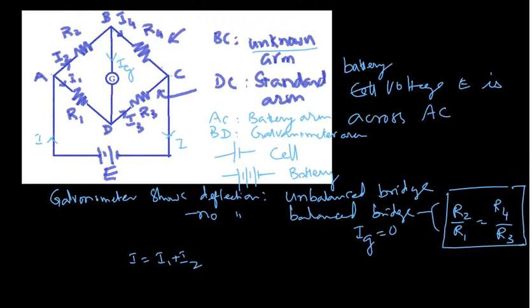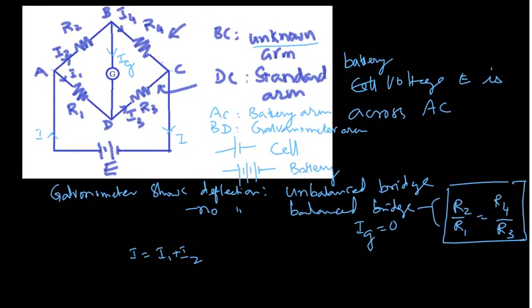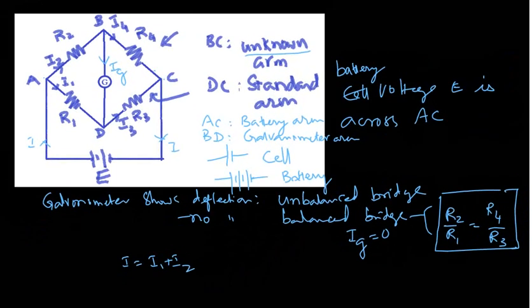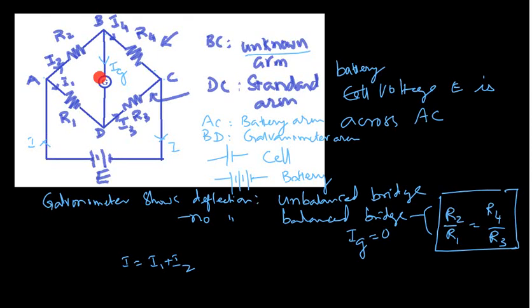Since no current is going inside this, whatever I2 comes should go here, and whatever I1 comes will go here. That means I2 equal to I4 and I3 equal to I1. Have you understood these conditions?